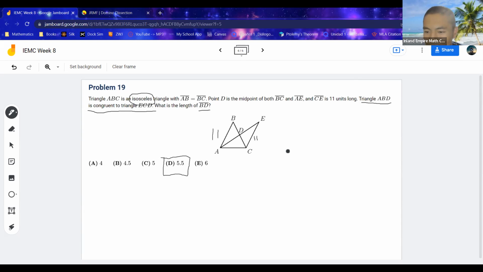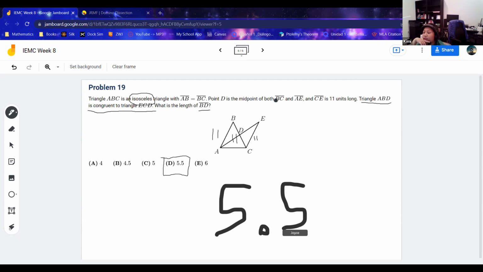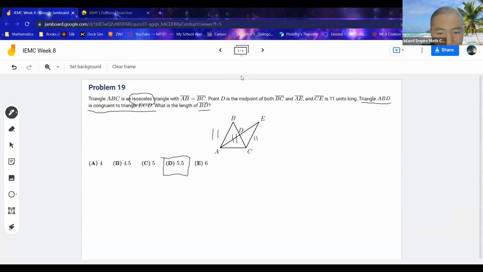Very good, it's again 11. Finally, we know that D is a midpoint, so what is the length of BD? Great, it's 5.5. Yes, it is 5.5.